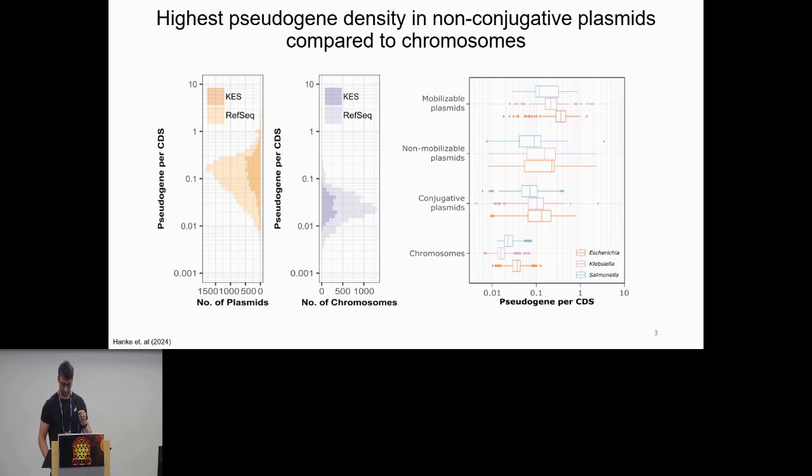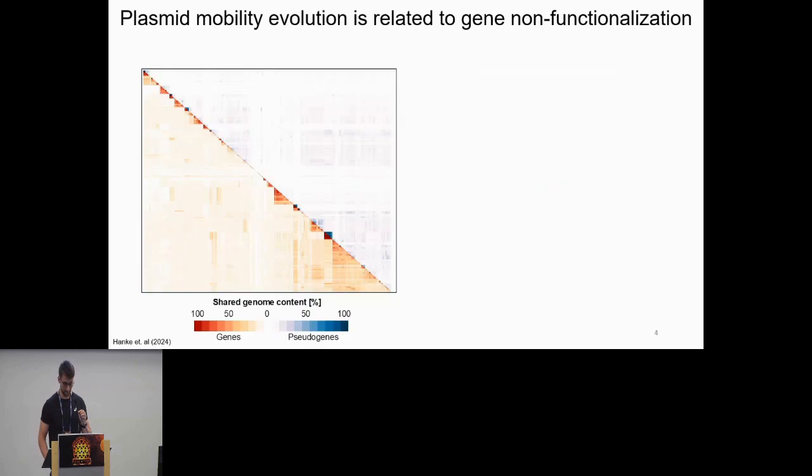pseudogene density. Additionally, on the genomic basis, we also found that there are a lot of transfer-related genes that are frequently non-functionalized in these plasmid genomes, and this overall indicated that the evolution of plasmid mobility might be linked to this frequent gene non-functionalization in plasmids.